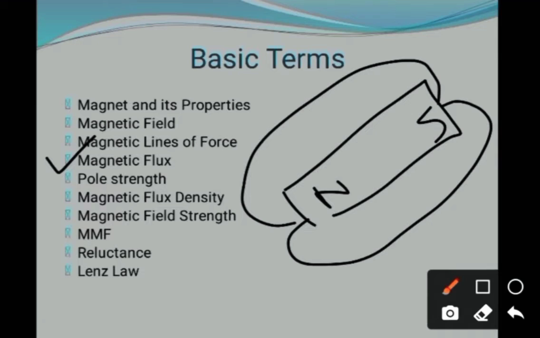So total number of lines of force present in a magnetic field is called as a magnetic flux, and it is denoted by letter phi. Unit of the magnetic flux measured in Weber, that is WB.